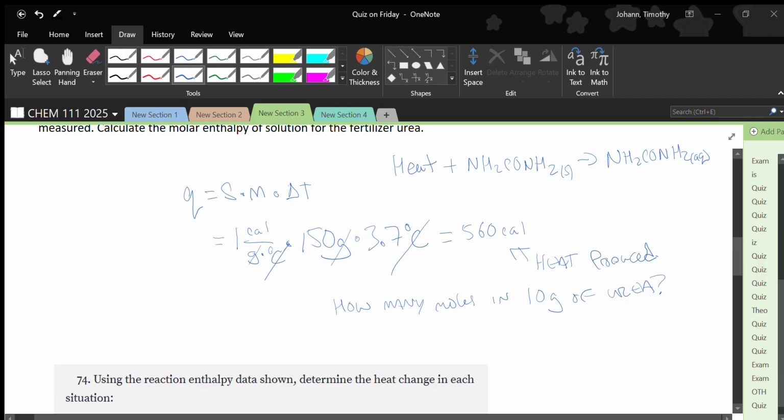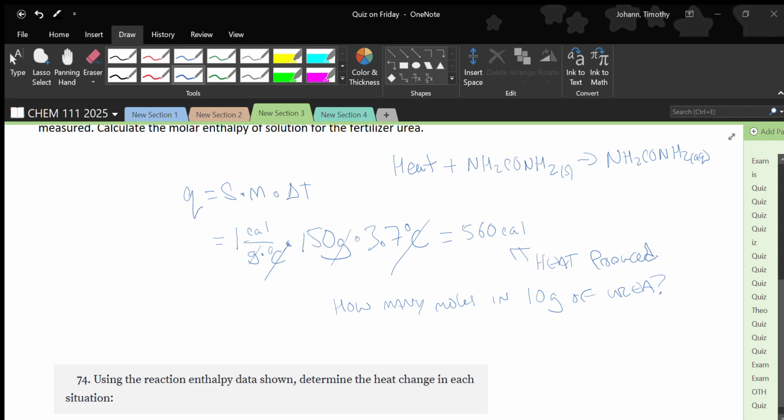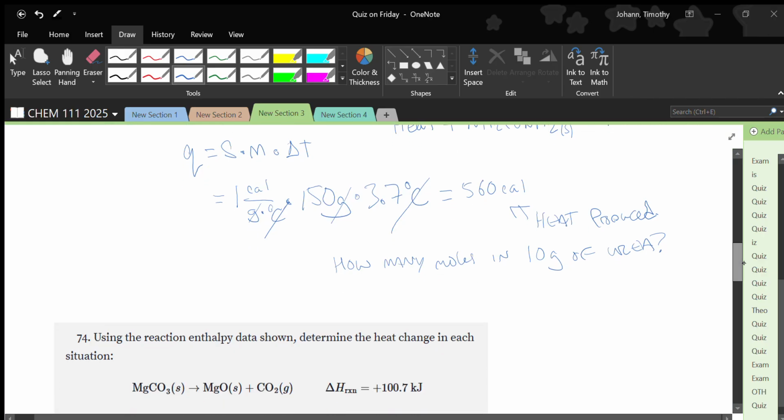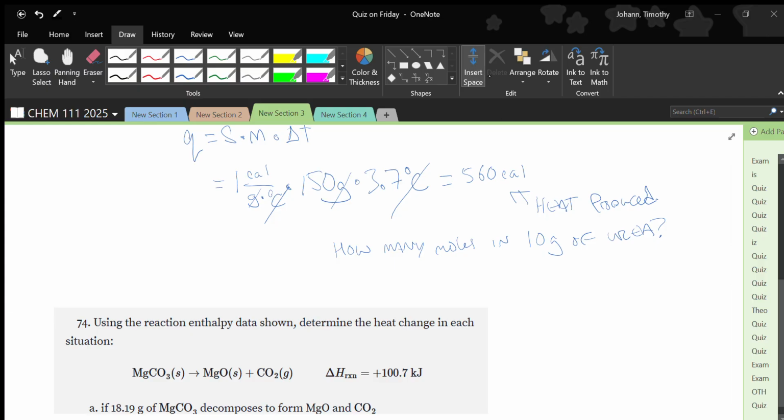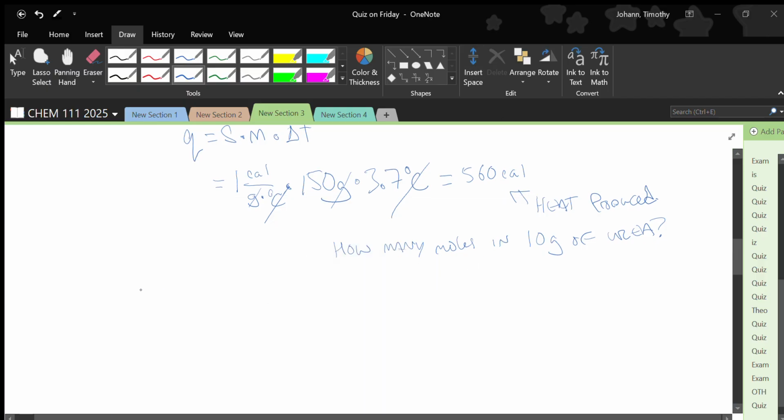So for that, if I want to figure out moles of urea from grams of urea, what do I need? The molar mass, right. Anybody already calculated it? Yeah, Tyler. 60.05. Okay, so the molar mass of urea, I'm going to go CN2H4O.